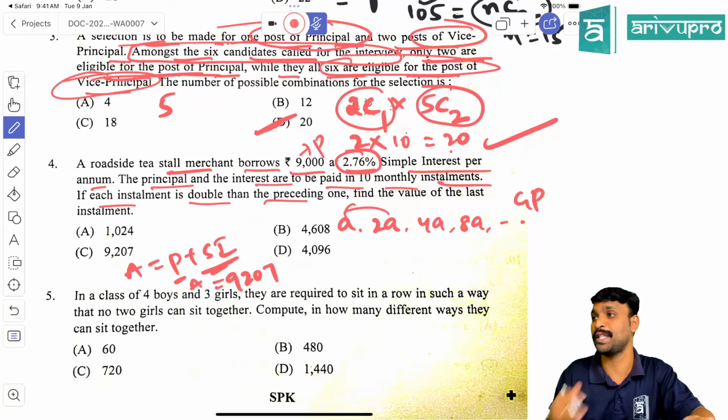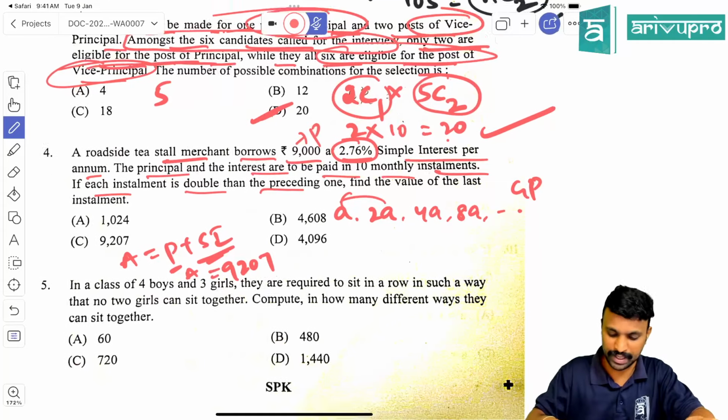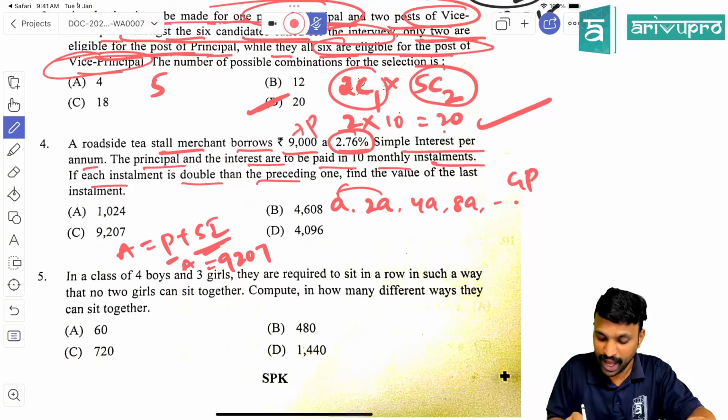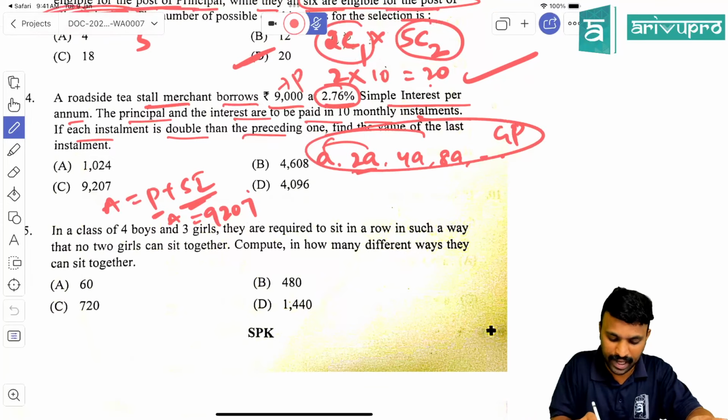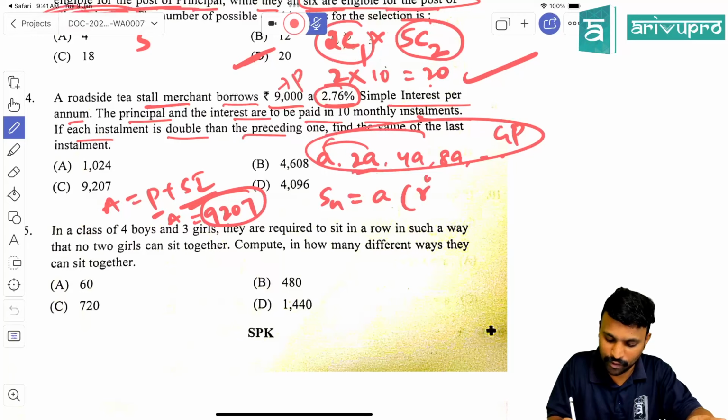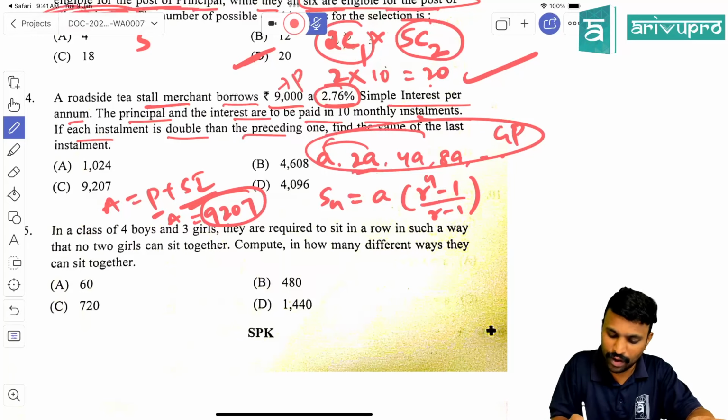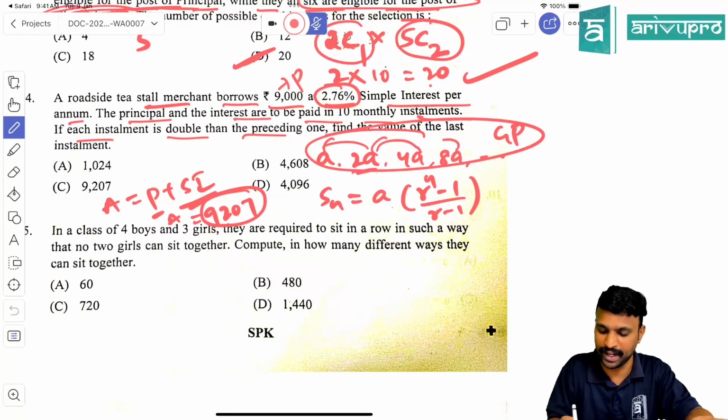So this has to be split into 10 installments, not equally, sorry. Every installment is twice that of the preceding one. So if you understand that it forms a GP and 9207 is the sum of n terms in GP, obviously I have to use the formula of Sn of GP. Now you see what is the value of R? There's a common ratio of 2, because 2A by A is 2, 4A by 2A is 2, 8A by 4A is 2.